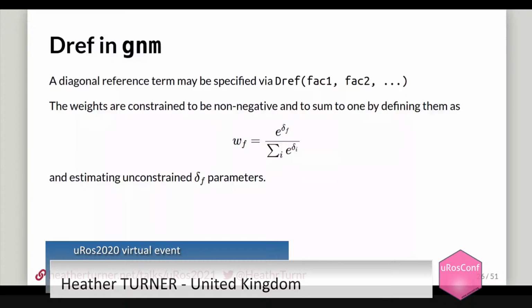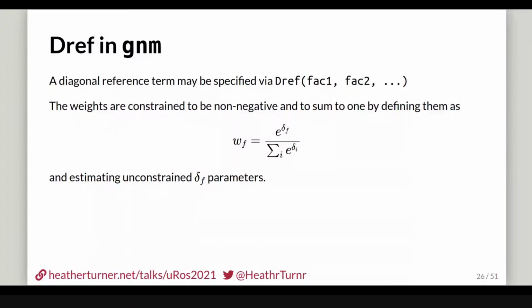And so this is implemented by parameterizing them as the exponential of a delta parameter and dividing by the sum of these exponentials. So that will make sure that the weight is non-negative and sums to 1. So it's the deltas that we actually estimate in the GNM model.